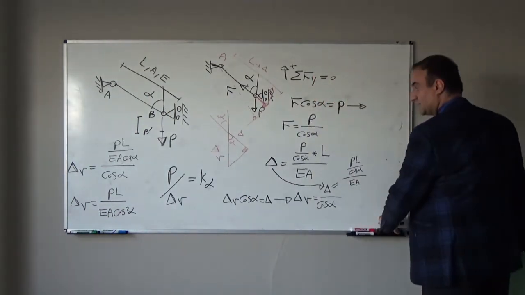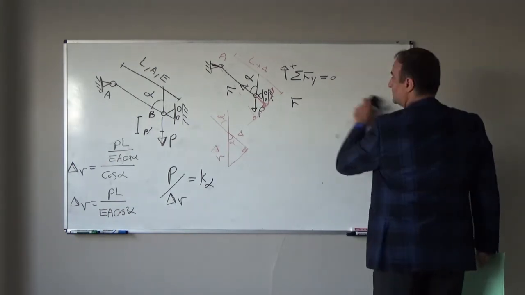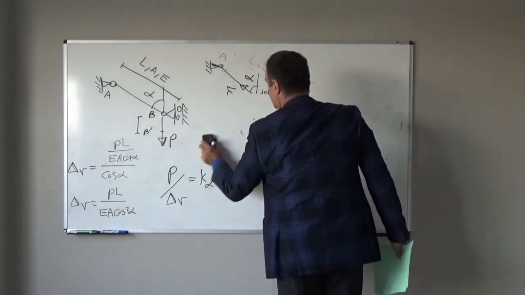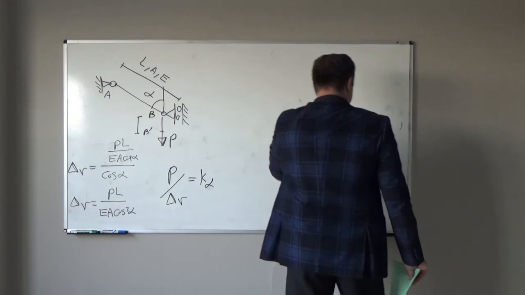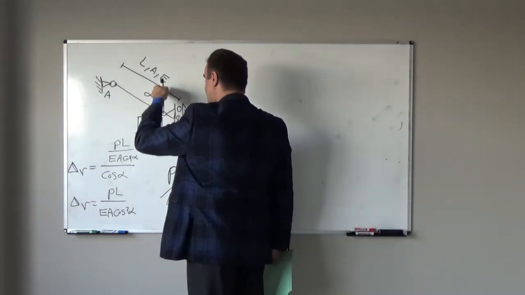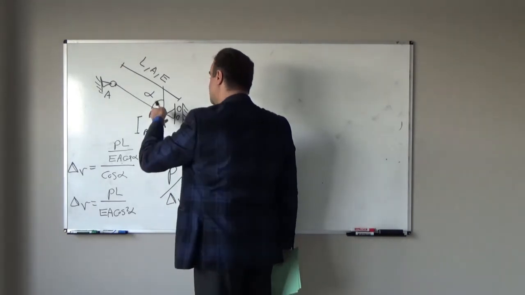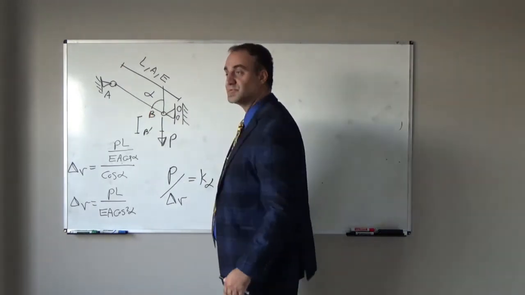So if I summarize everything, if we have one rod in diagonal direction, I apply force in this direction, and the angle between the member and the line of action of the force is alpha.